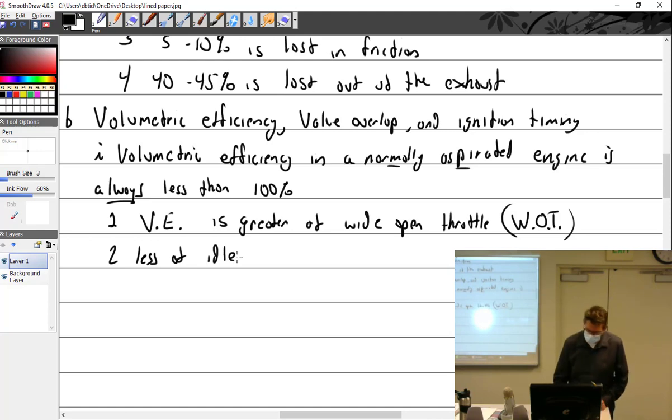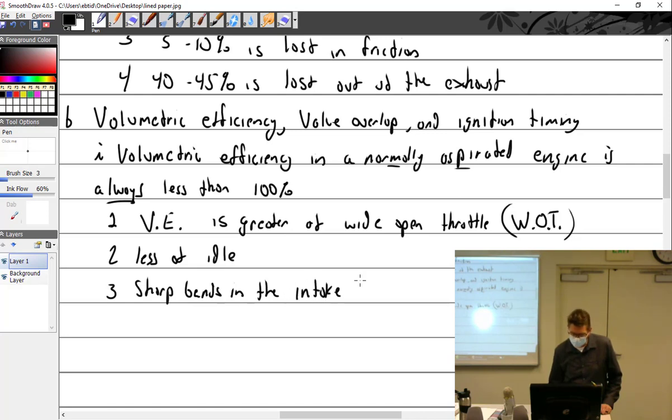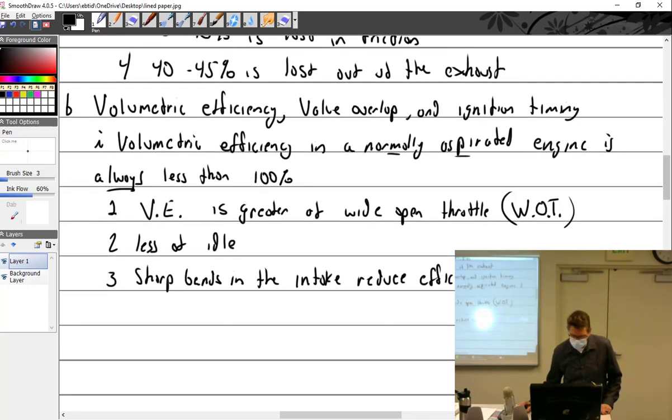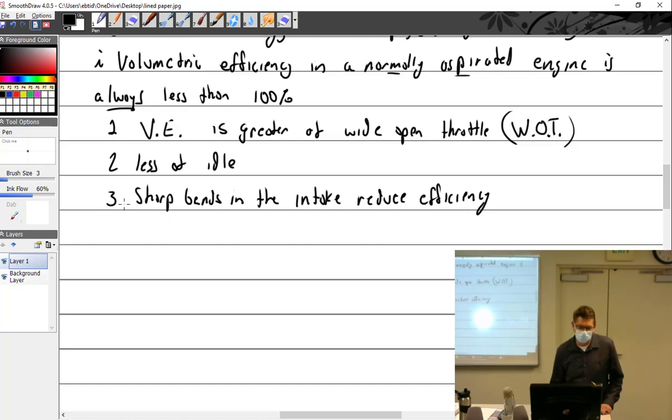I just explained why. What else ruins volumetric efficiency? Sharp bends do. Sharp bends in intake reduce efficiency, and higher temps do too.